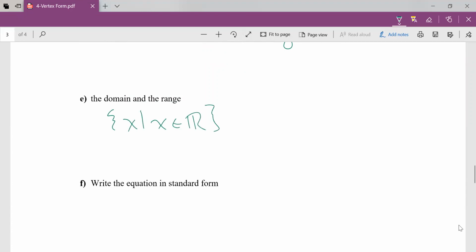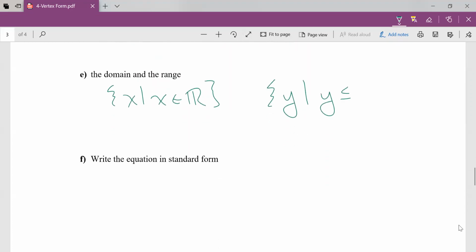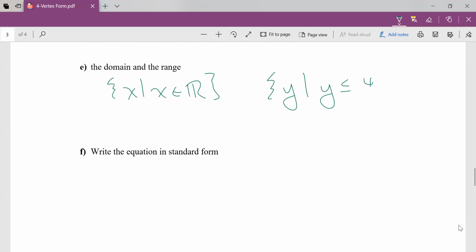It's always the reals. The range, again, brace means the set of numbers y such that. Well, this one had a max. And that max, we say y is less than or equal to 4, just like that. y is an element of the reals.